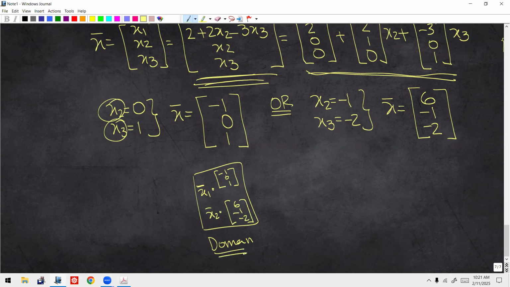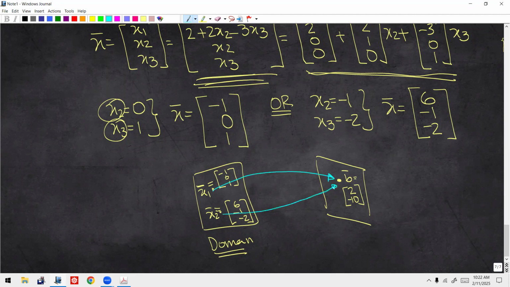These are in my domain. And I'm going to map them, and they both map to a vector b, which happens to be 2, -10, sorry. Okay, so both of these vectors map to the same output.